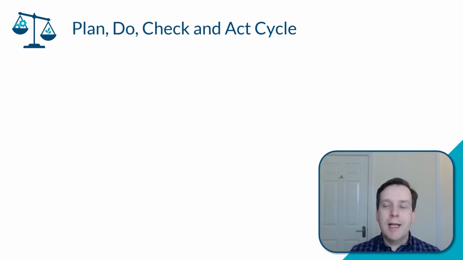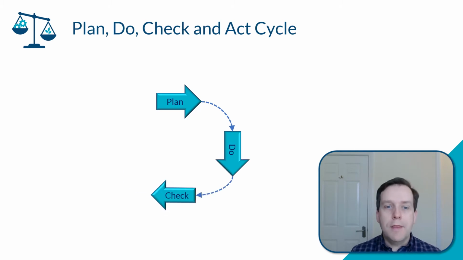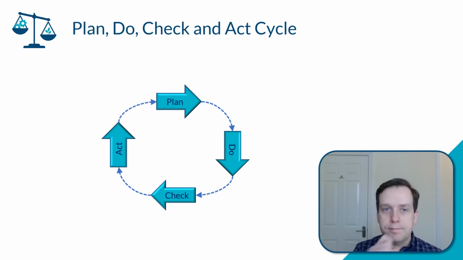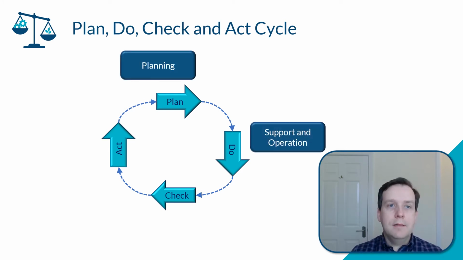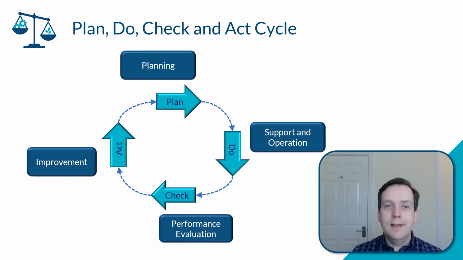Plan, do, check and act cycle. Many people will be very familiar with this. It is the core of ISO standards. So planning, what exactly are you going to do? Do, support and operations. Then check is your performance evaluation.